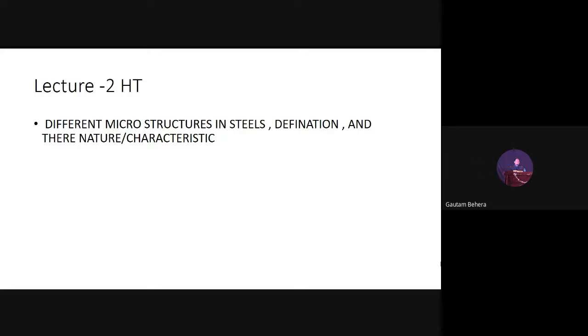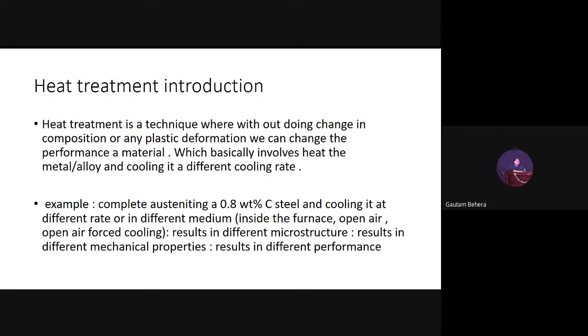So you understand thermal heat treatment involves high temperature, right? We have to take the metal or alloy to a high temperature, then hold the metal at that temperature, and finally use different rates of cooling. We have to cool the sample at different rates, right? But today this is the introduction part.